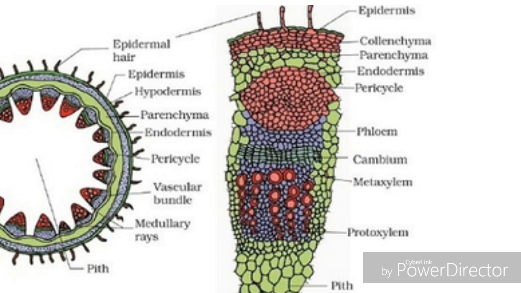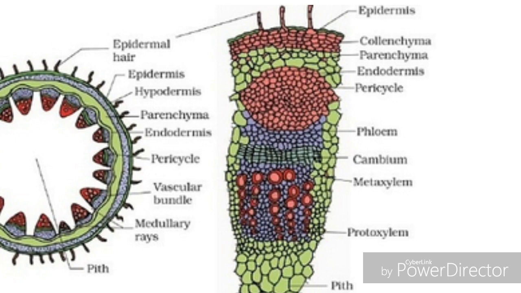Vascular tissue is also there, just like leaf, xylem and phloem tissue. Xylem transports water and mineral salts, and phloem transports food material. So here, you can see a tissue is a group of cells which are similar in structure and function.